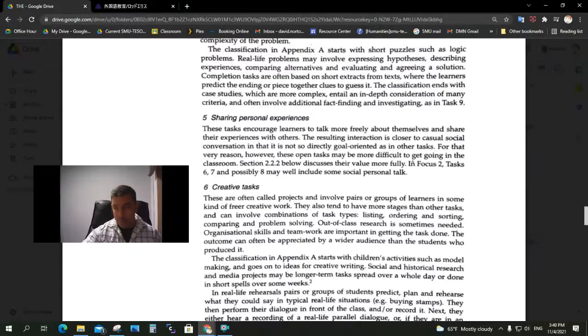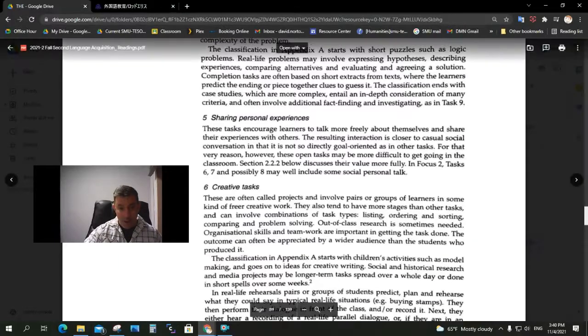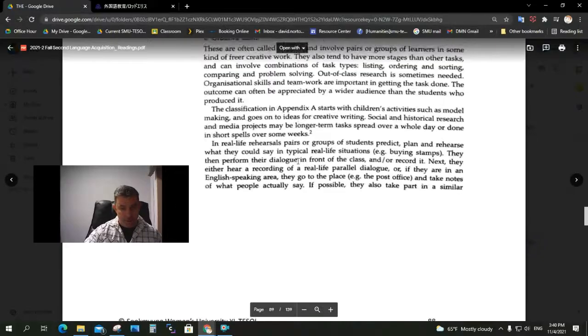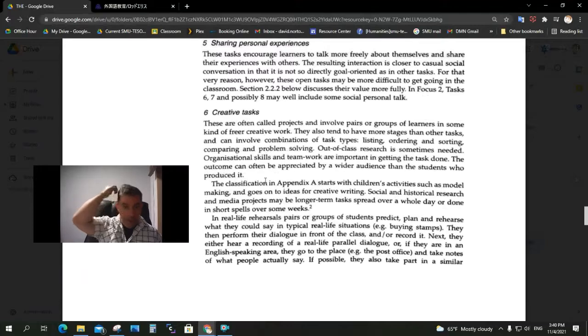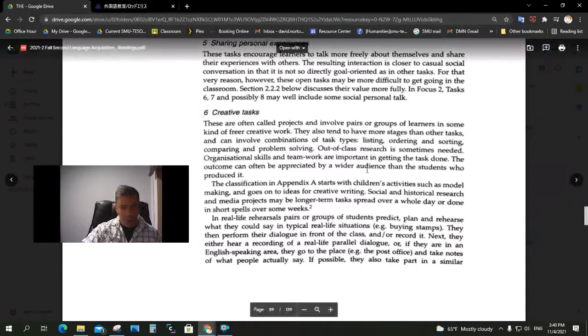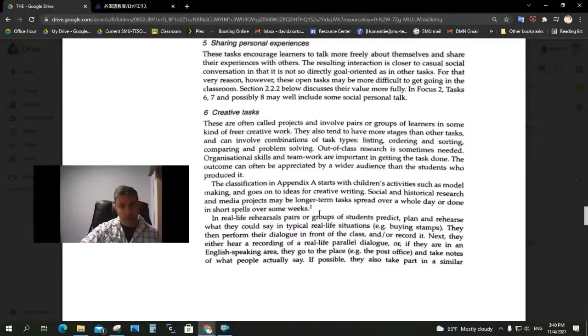I don't know. Okay, and number 6 is a lot of different creative tasks. So any chance for students to rehearse something and practice it creatively, or they do some kind of research out of class. I've had students go into Itaewon and Haebangchon and interview foreigners, right? That kind of thing. Now, it's not a TBL task unless there's some kind of outcome.